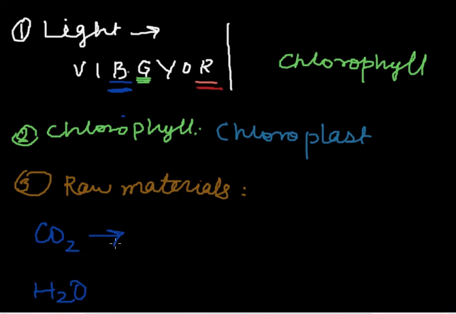CO2 is absorbed from the atmosphere by plants, and the structures present in leaves for the absorption of CO2 are stomata, that are tiny pores present in leaves.